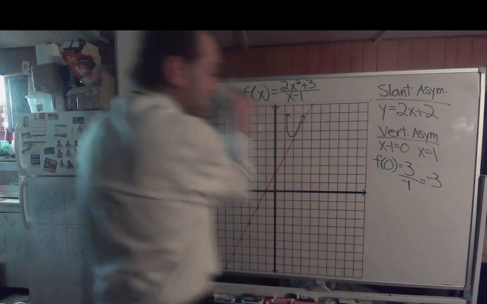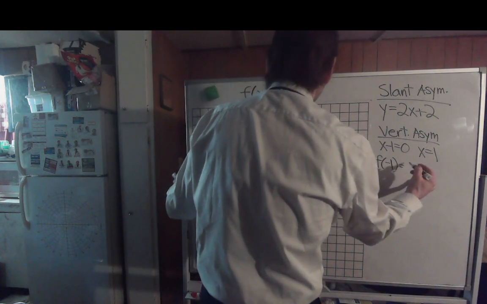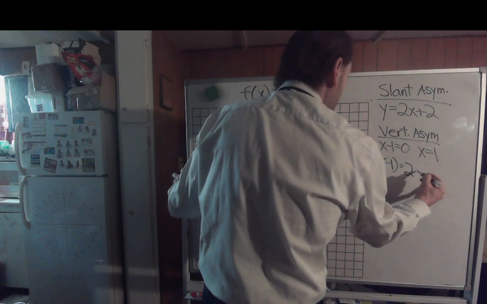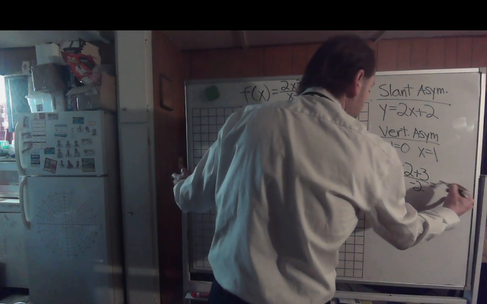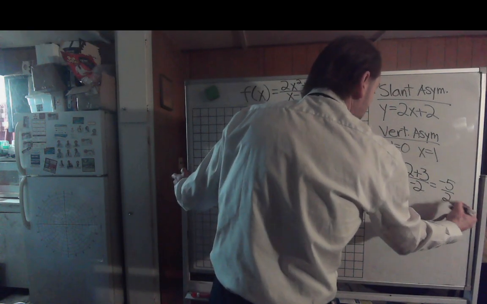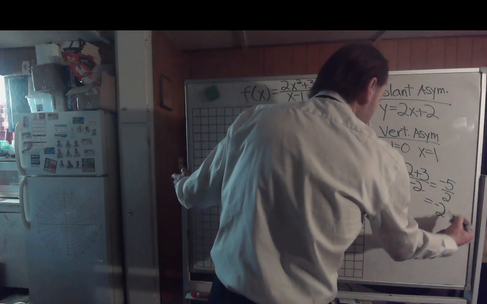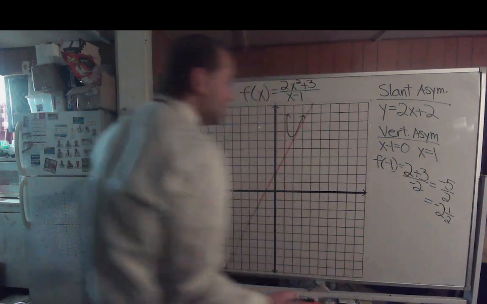Now let's pick negative 1. Let's pick f of negative 1, which would end up giving me 2 plus 3 over negative 2, which would end up giving me negative 5 halves. That would end up making it negative 2.5 for my y value.